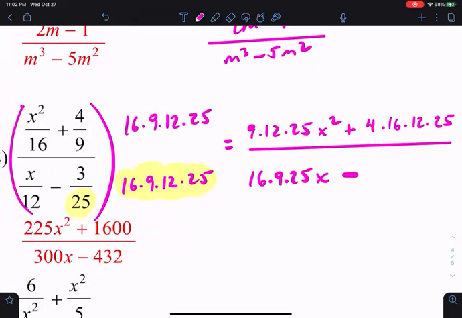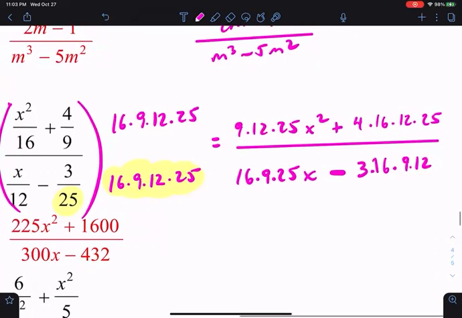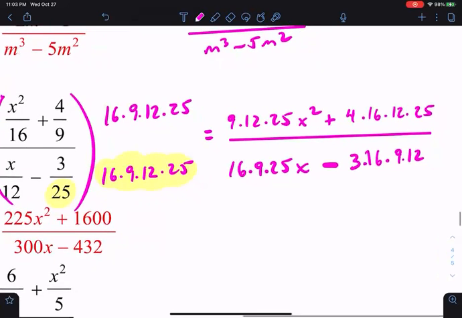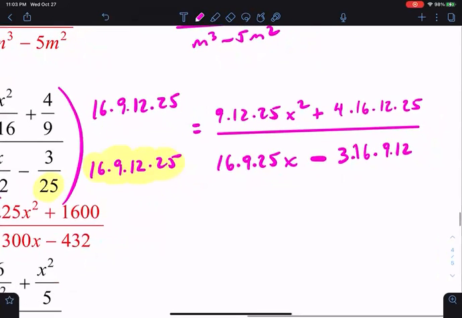So that's going to be 3 that multiplies all these numbers, except the 25, 6 times 16 times 9 times 12, right? And that's it. And now we need to simplify all these big numbers. Okay, so let's find the GCF on the top, which is going to be a little tough to find.